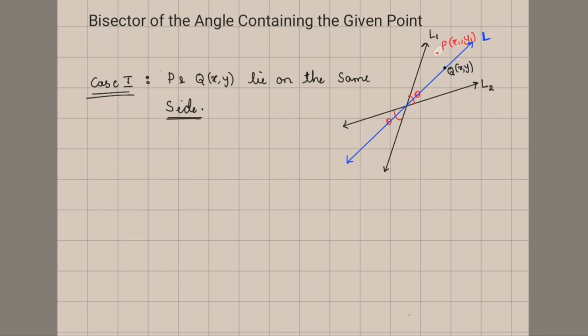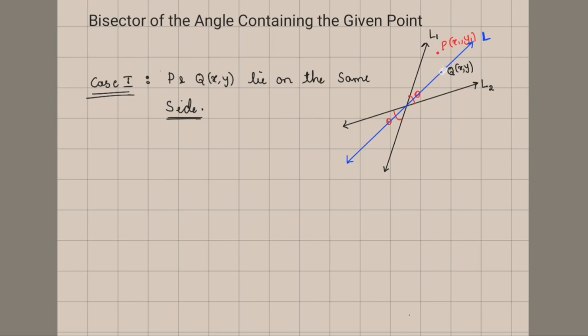If these two points lie on the same side of L1, then when you substitute these two points in the equation of L1, it should give the same sign. We have seen in the previous lecture the position of a point with respect to a line. I will give it in the suggestion box. If you didn't understand, you can watch that lecture.